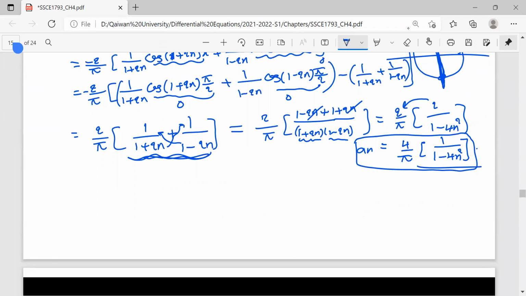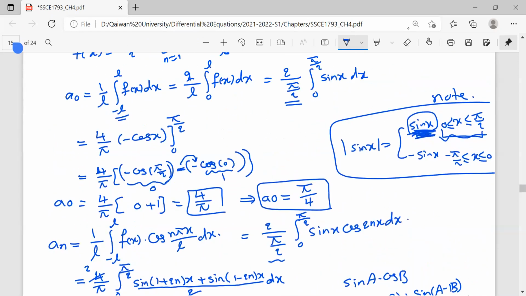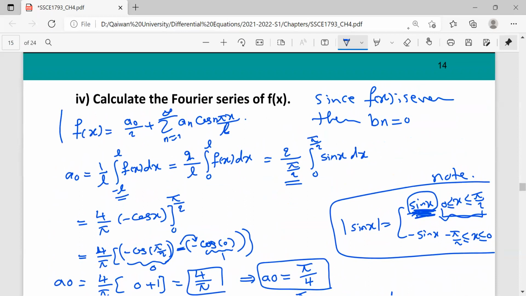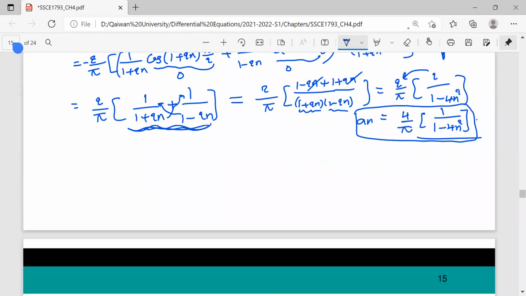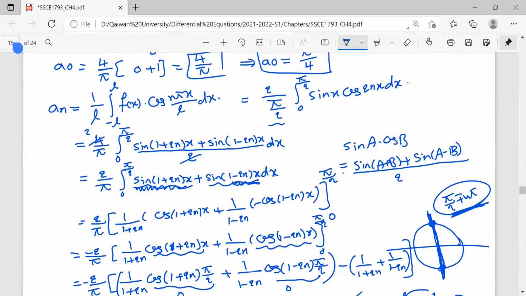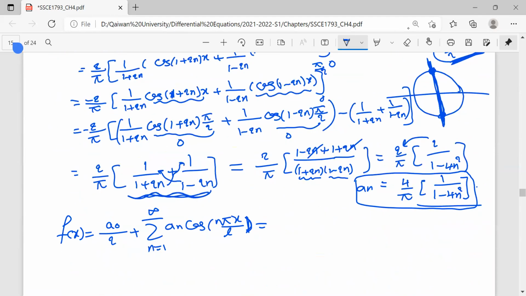Now we put a naught and a sub n into this formula. F of x equals a naught over 2 plus the sum from n equals 1 to infinity of a sub n times cosine n pi x over L. We found a naught before, which is pi over 4, so a naught over 2 is pi over 4 over 2.